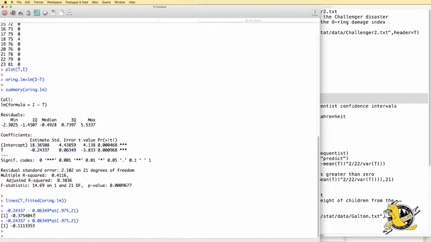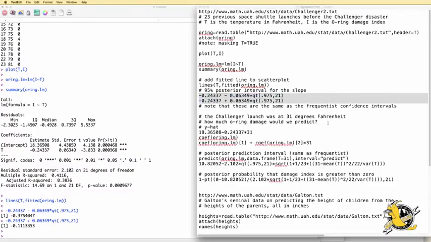So plugging that in, I get a 95% posterior probability interval that goes from minus 0.375 to minus 0.111. This interval does not include 0, so we can be pretty sure that there is a negative relationship between temperature and damage. Note that these intervals are the same as the frequentist confidence intervals when we're using the standard reference prior for a Bayesian analysis.